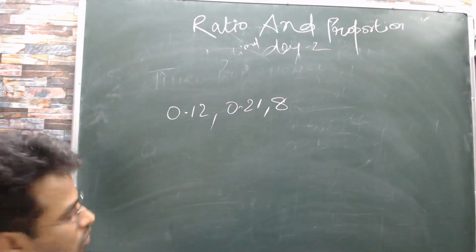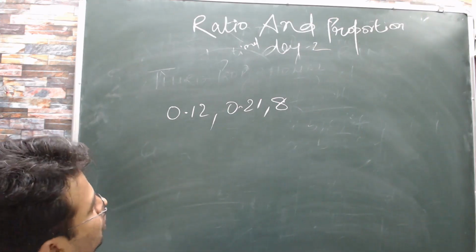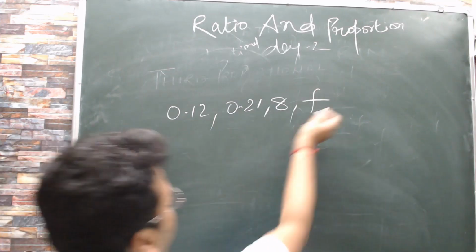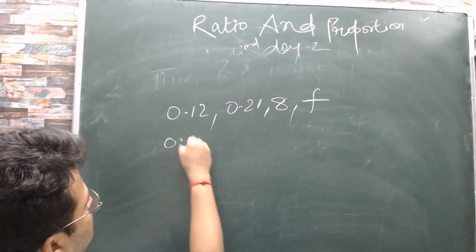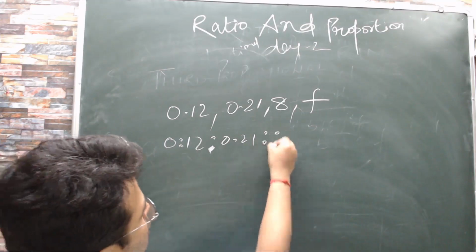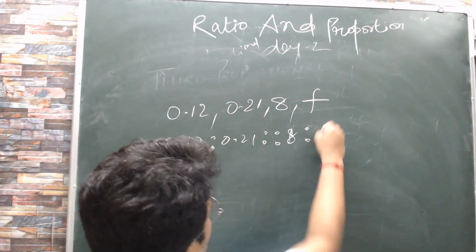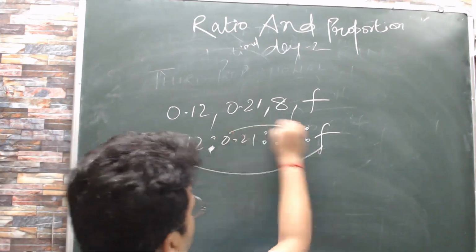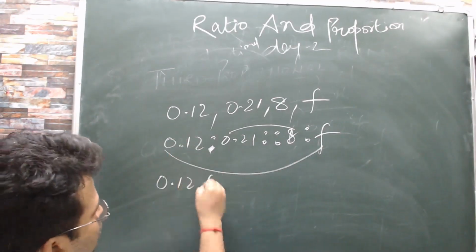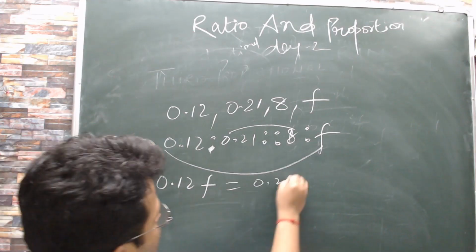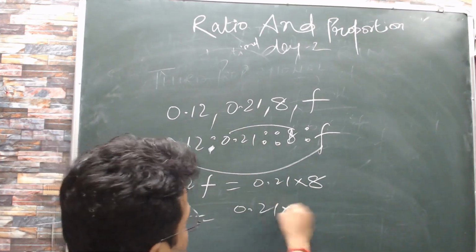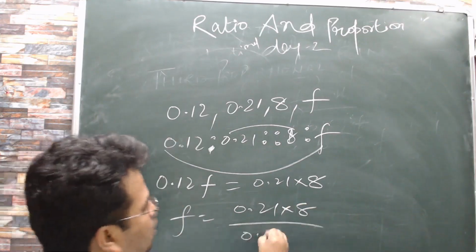Okay, so now we need to find this. So guys, where will the fourth proportional come? Here. So how will you write it in proportion? 0.12 ratio 0.21 proportion 8 ratio F. So the multiplication of these two and these two is equal. So 0.12 into F is equal to 0.21 into 8. So what is F? 0.21 into 8 upon 0.12.